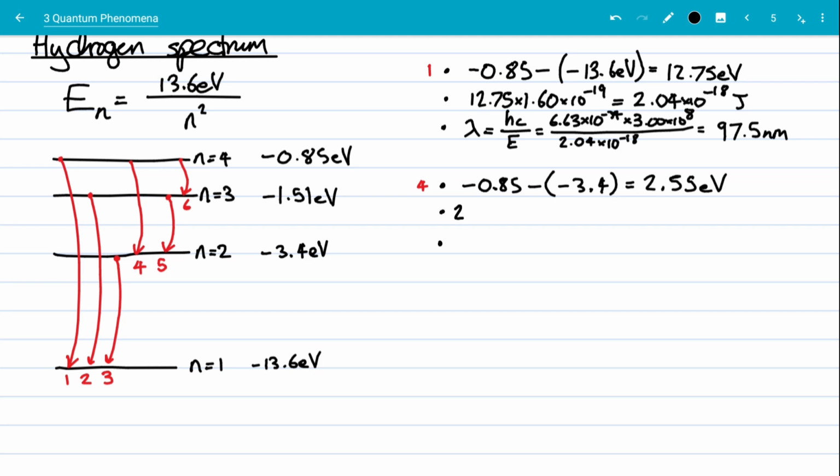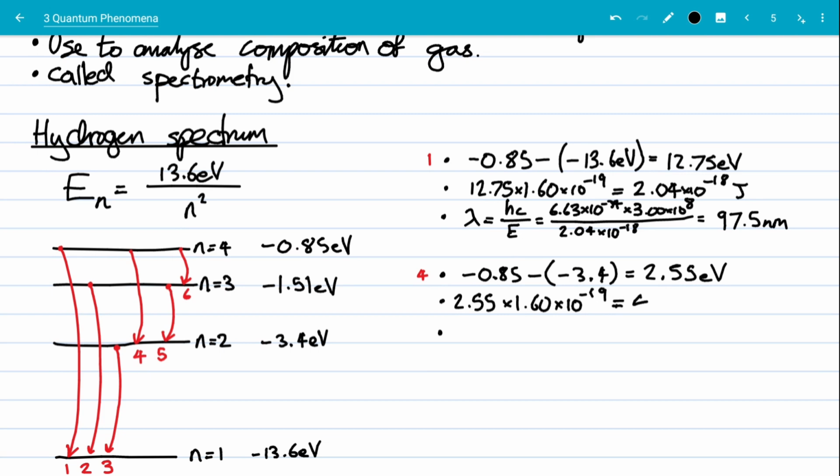Now we're going to turn that into joules. Do not forget that step. So that would be 1.6 times 10 to the negative 19 times 2.55. So that gives us 4.08 times 10 to the negative 19 joules.